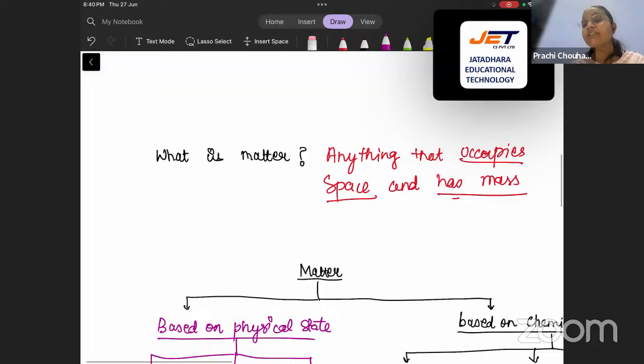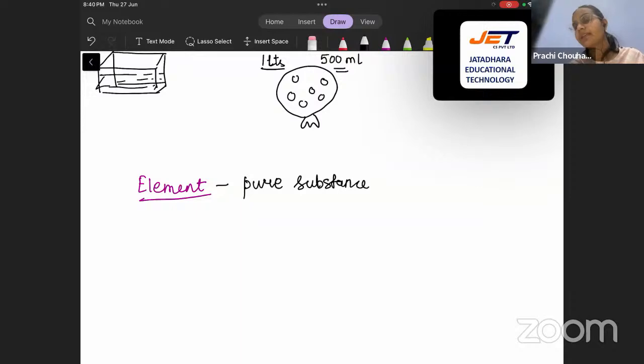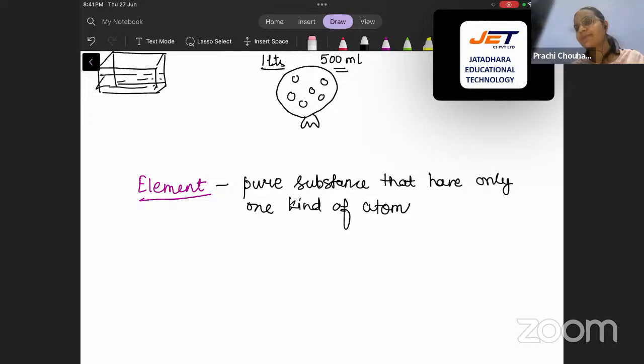So now, how do we define elements? Elements are defined as pure substances that have only one kind of atoms, right? The definition is very, very important. You must know how we define elements. So elements are the pure substances that have only one kind of atoms.